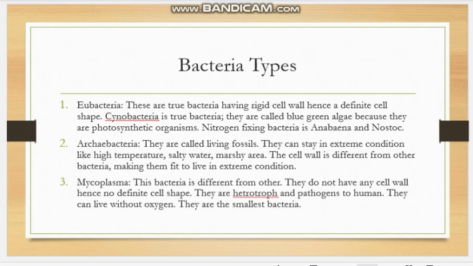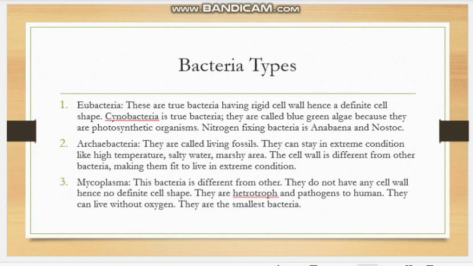Cyanobacteria is an example of this true bacteria. The cyanobacteria is also called blue-green algae because they are photosynthetic organisms. They can prepare their food by themselves. Other bacteria are nitrogen fixing bacteria like Anabaena and Nostoc. These are the true bacteria in the true sense.